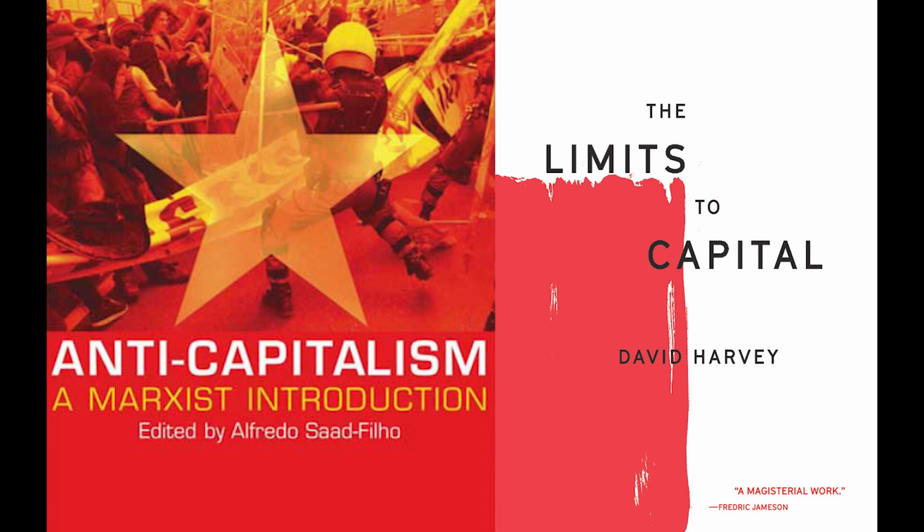In the accumulation of profits, and because of the tendency for the rate of profit to decline, capital squeezes more and more relative surplus value out of the workers. We're going to talk about this in the next lesson.